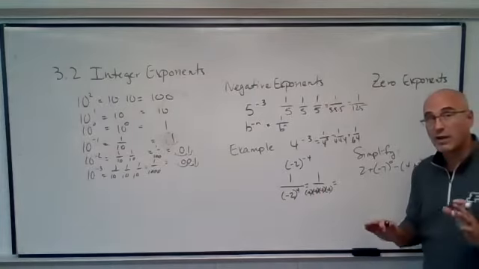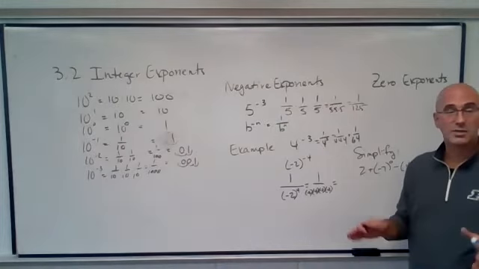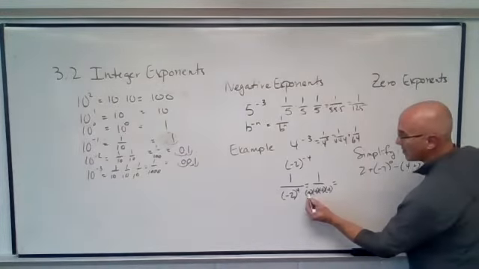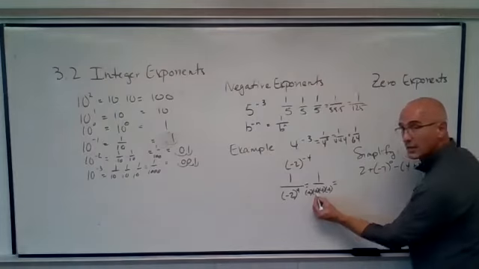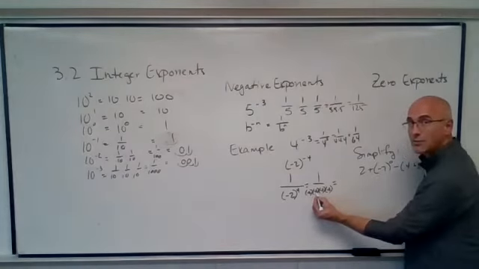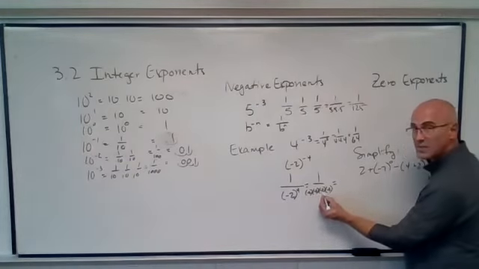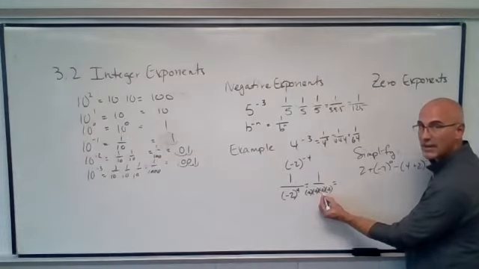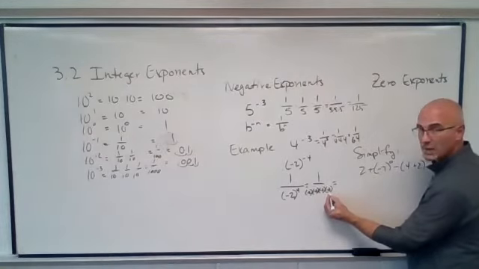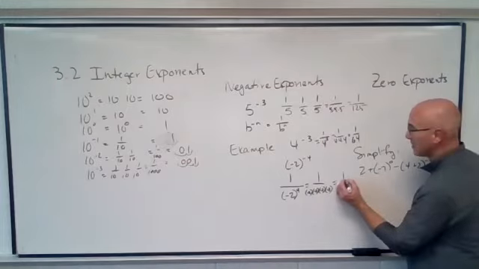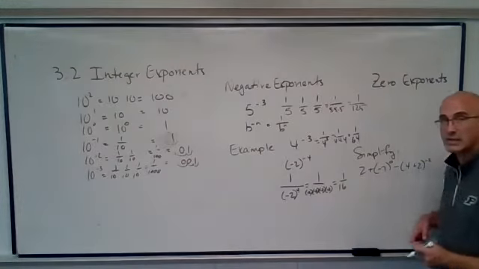So we have to keep track of how many negatives we're multiplying together to see if it's negative or positive. So we have negative 2 times negative 2, that's a positive 4, times a negative 2 is negative 8, times a negative 2, which is positive 16. So we are at 1/16.